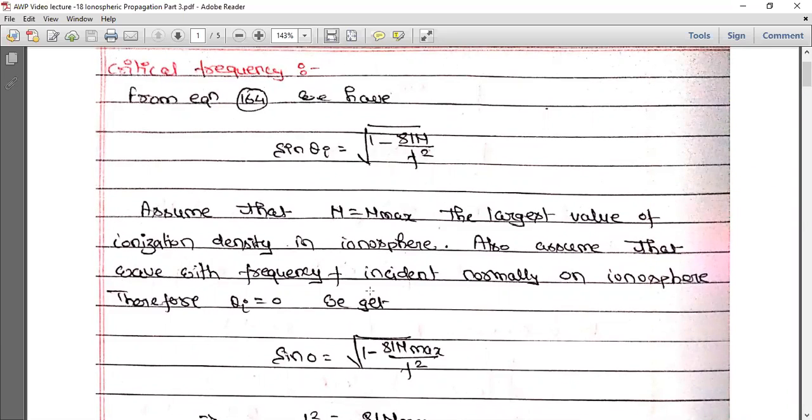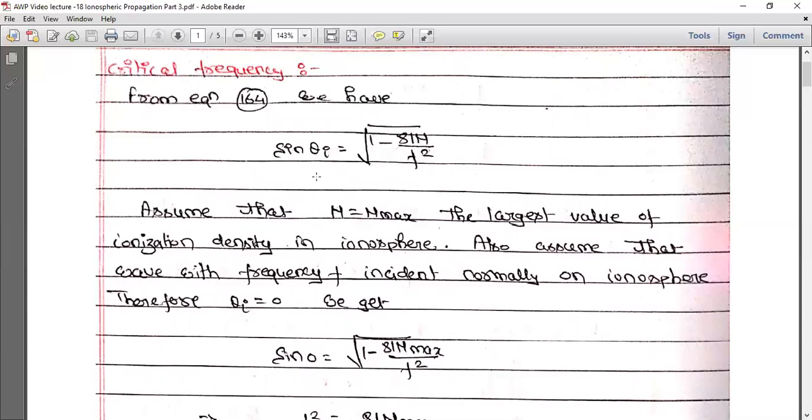The wave should be incident normally on the ionosphere, and it should return from the layer with maximum electron density. Now we are releasing some control on this value of theta i. For finding the critical frequency, we consider theta i to be 0.